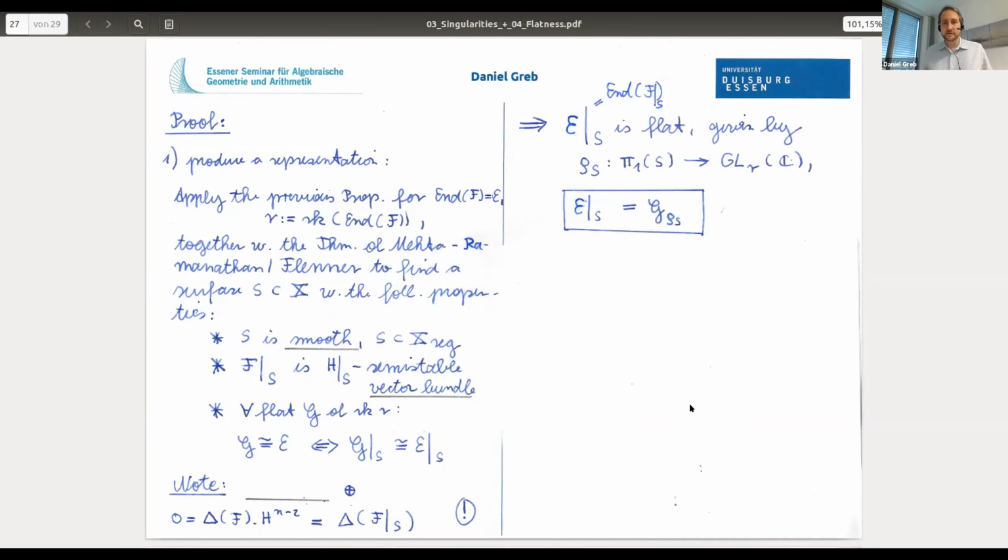And so the restriction is given by a representation, rho S, on the surface, pi1 of S to GLR of C. Okay, so this means that E restricted to S is a flat sheaf G coming from this representation rho S.